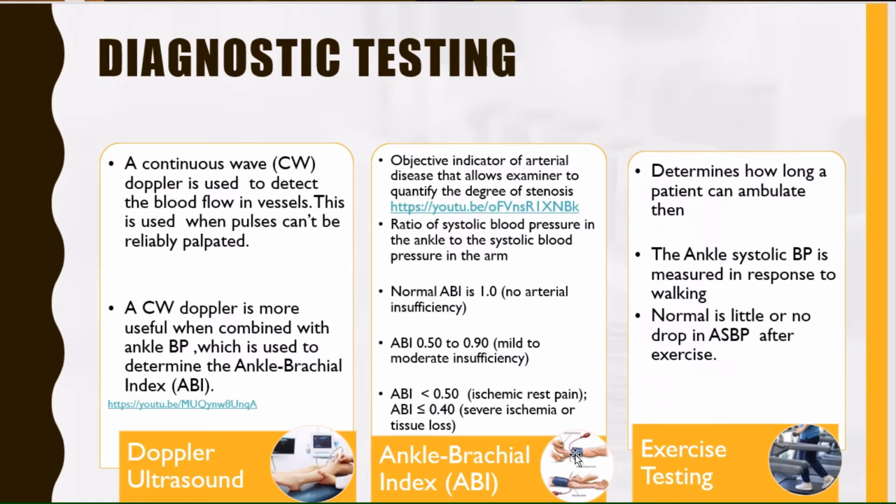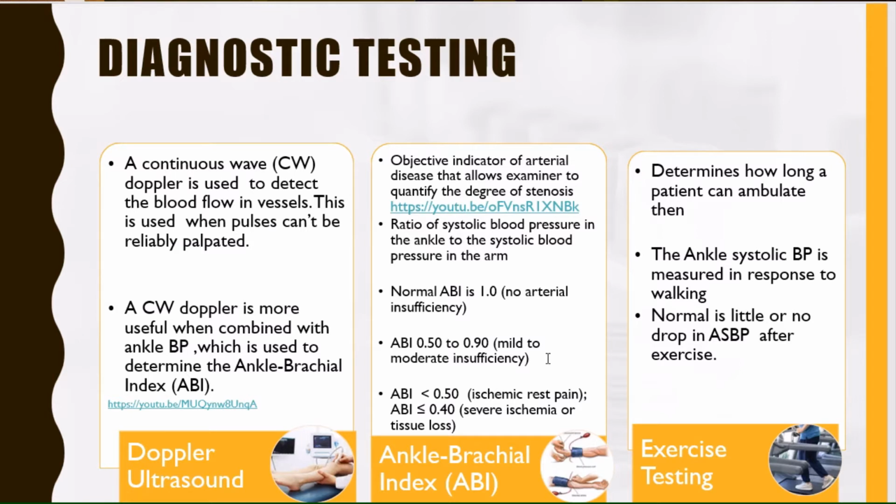For example, if the ankle systolic blood pressure is 120 and the brachial systolic blood pressure is 120, the ratio is 120 over 120 equals 1, which is normal. That means there is no arterial insufficiency.